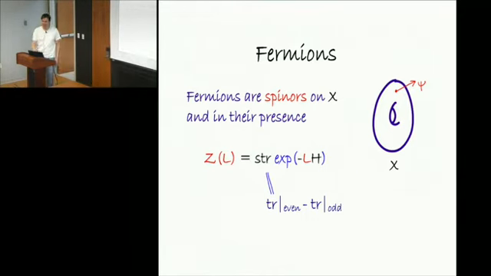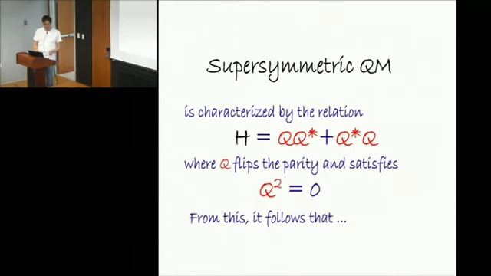So nothing is happening so far. Now, the supersymmetric situation is characterized by the fact that H is an anti-commutator of some operator Q with its adjoint, and Q has to square to 0.